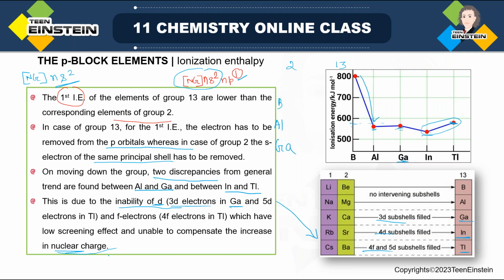That is why down the group, the normal trend we have seen is that ionization energy decreases. But here, because of this low screening effect, it will not be able to compensate for the increase in nuclear charge. Okay, so these are the reasons. Remember, it is not a smooth decrease. There are two discrepancies.